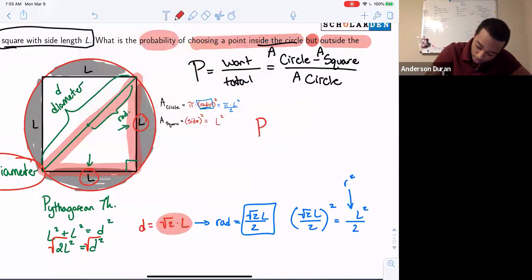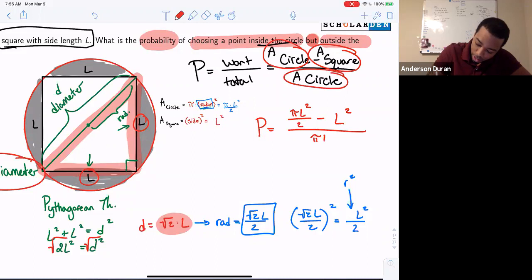My probability equals the area of the circle, which is pi L squared divided by 2, minus the area of the square, which is L squared, all over the area of the circle, again, which is pi L squared over 2. So with that said, here we go.